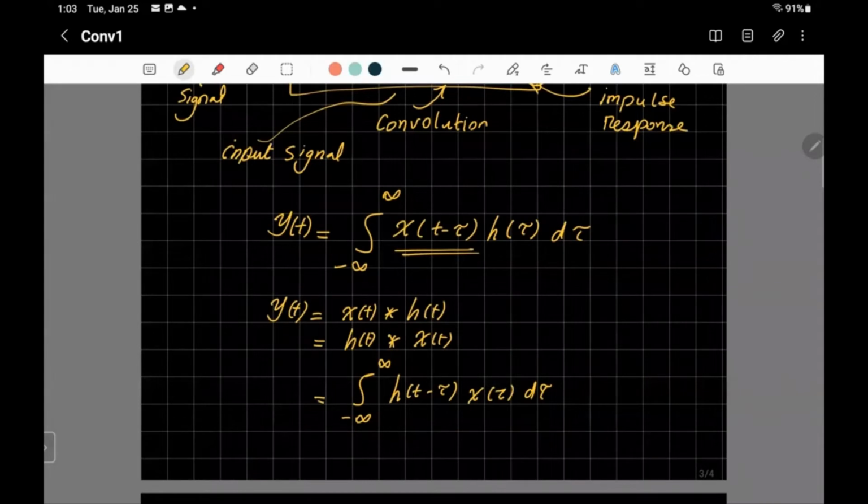Originally the signals are given in the time domain t, and now we are expressing everything in tau. How do you sketch this? Our brain is used to something, and now we are changing from t to tau, so we may be confused.